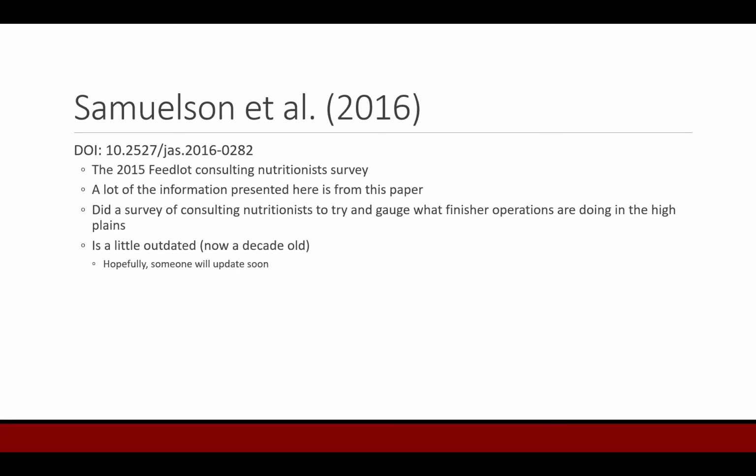They asked a series of questions about their suggested management strategies to provide insight into what feed yards are doing in managing cattle. There's a lot of information there, and I would highly recommend looking into that paper, especially if you have interest in this area. Admittedly, it is now about a decade old, so management changes. Hopefully this gets redone soon, but it's really our best understanding of management practices within the U.S. feedlot industry.